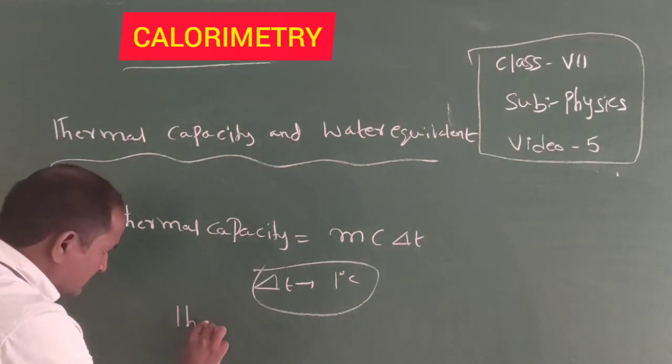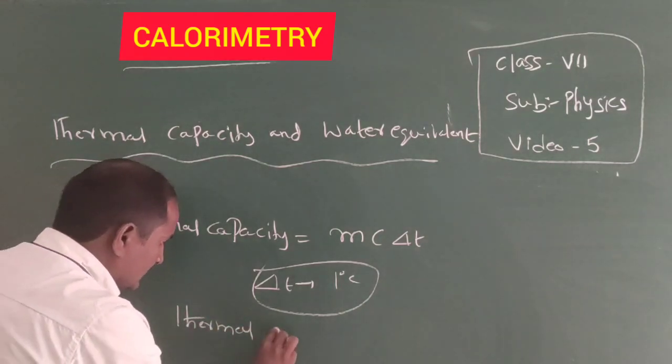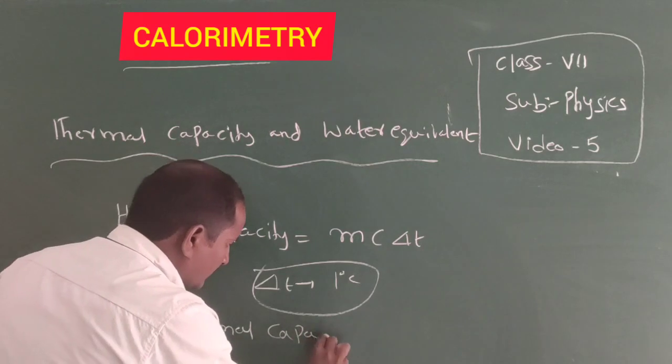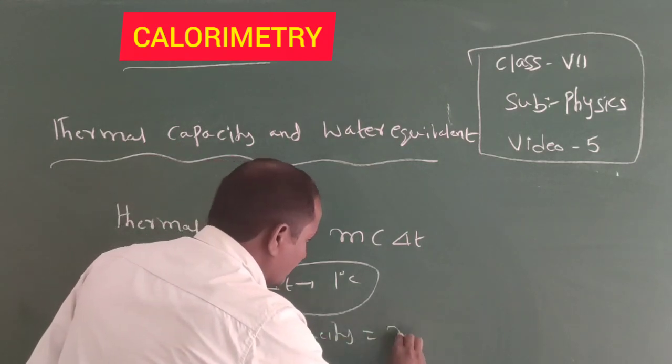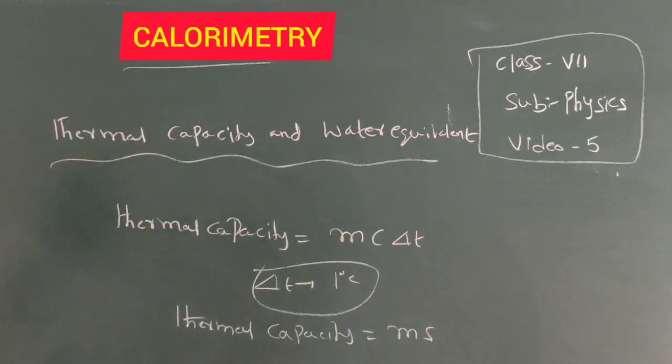Therefore thermal capacity equals mass into specific heat capacity, that is m into s. Next one, water equivalent. The thermal capacity of a body ms also represents water equivalent.